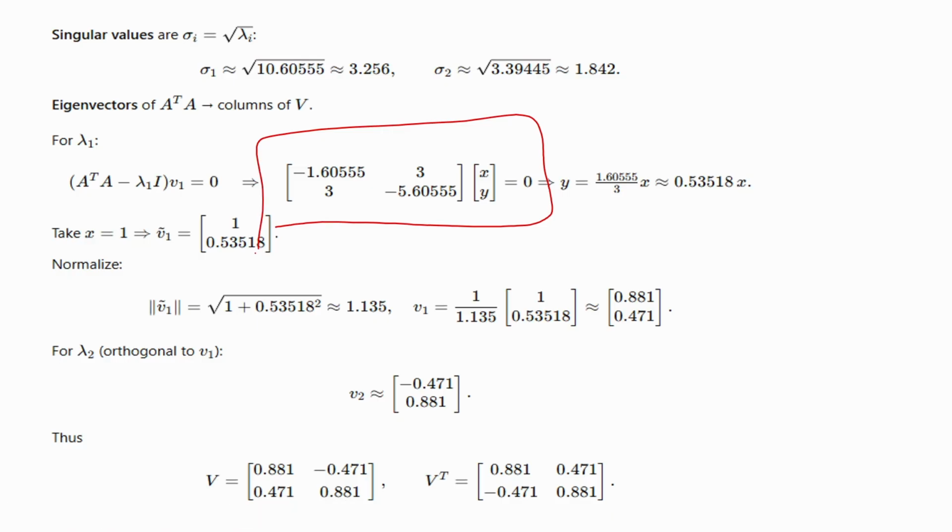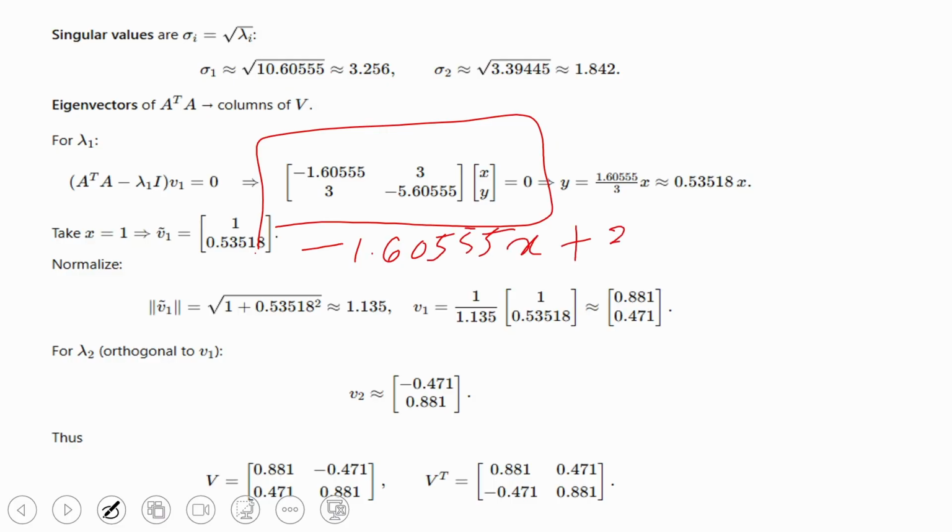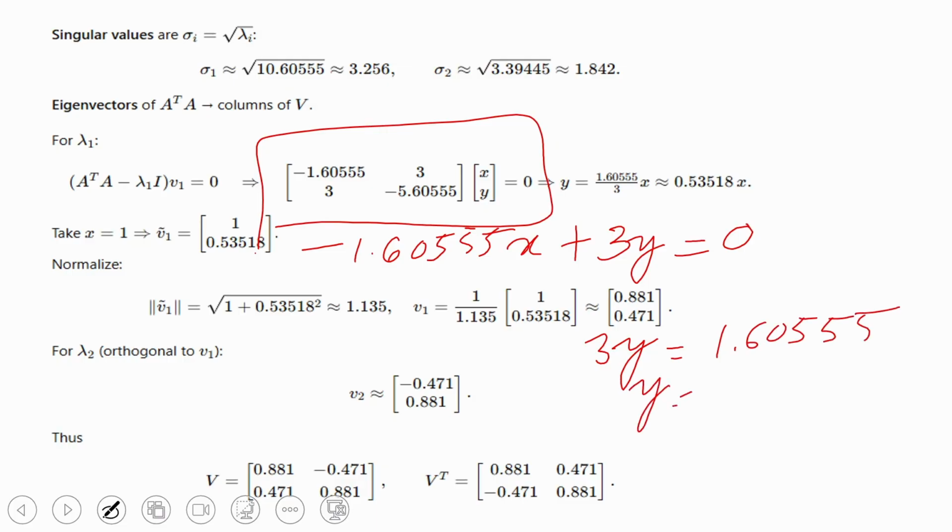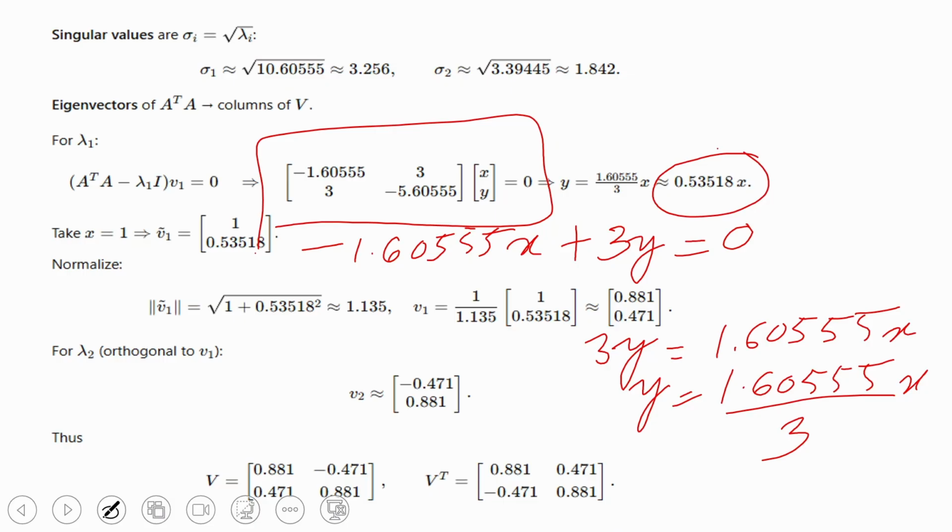This will give minus 1.60555 x plus 3y equal to 0. From this you will get 3y equal to 1.60555 x, and y equal to 1.60555 divided by 3 into x. So by solving this, you will get 0.53518.